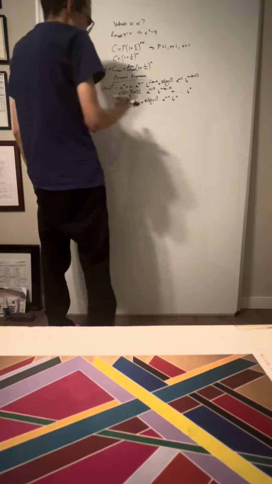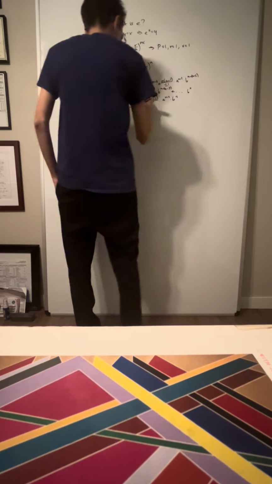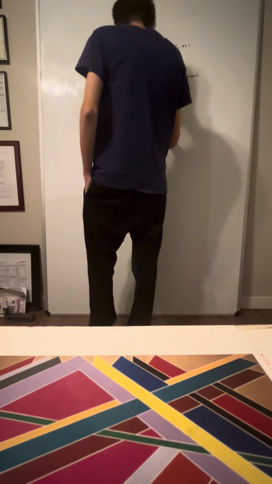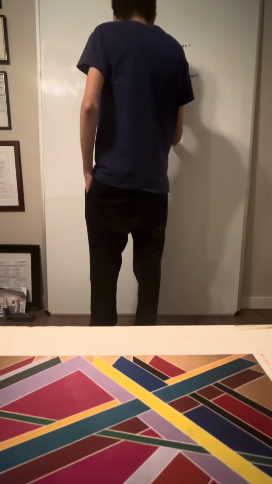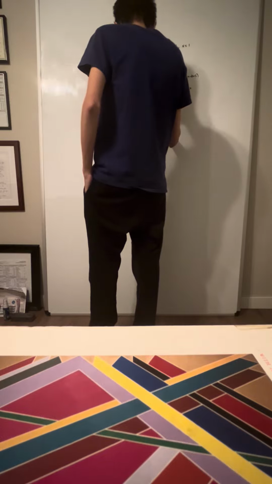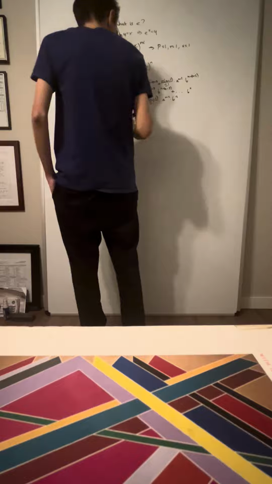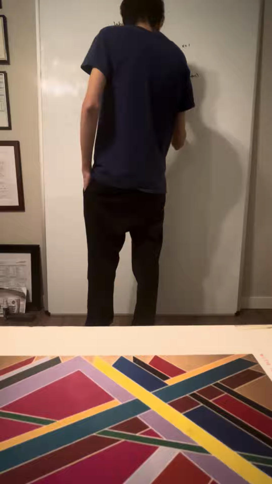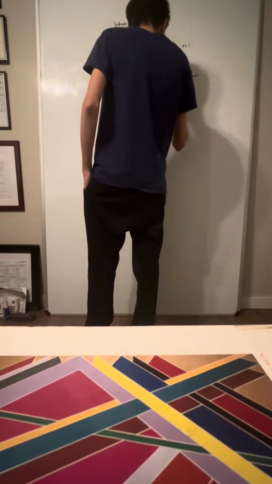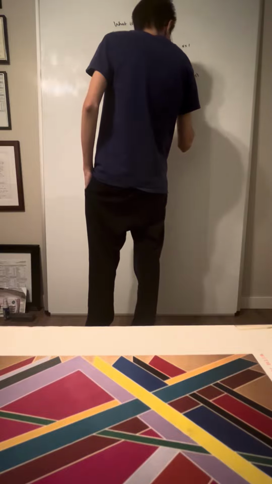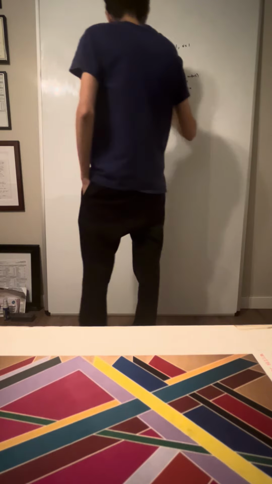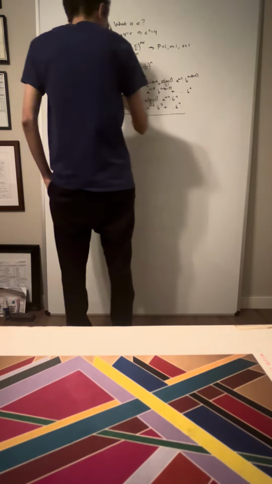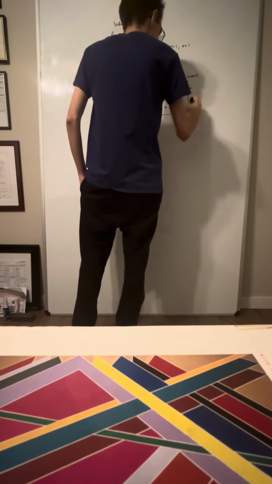That's going to be important later on for us, because we're going to have to bring something out and cancel it, as we'll see. So n times n minus 1 times n minus 2 over 3 factorial times a to the n minus 3 times b to the 3rd, plus all the way down to b to the n. And this is generally how a lot of textbooks will present this concept to you.